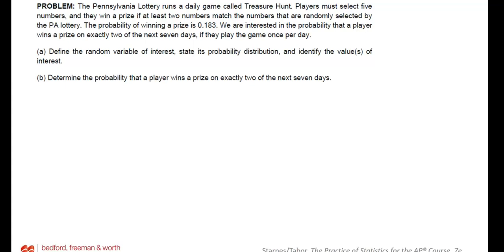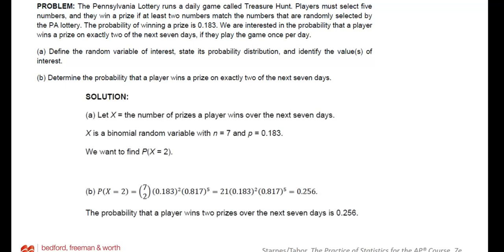So N is 7, and the probability of success is 0.183. And then we want exactly 2, so the probability that X equals 2. X is the number of prizes a player wins over the next 7 days. I didn't specify that, so that would be helpful. You're kind of parroting back the question a little bit there.